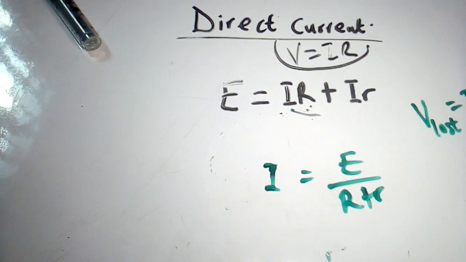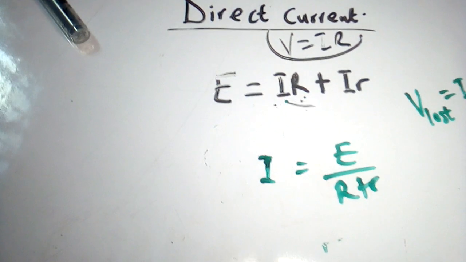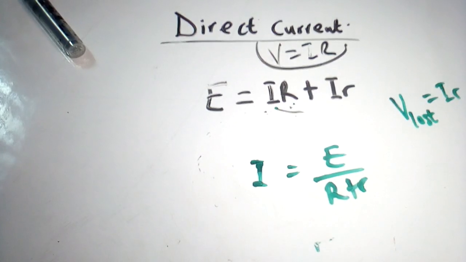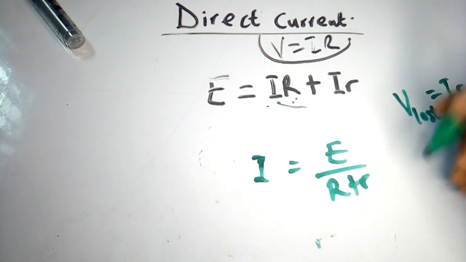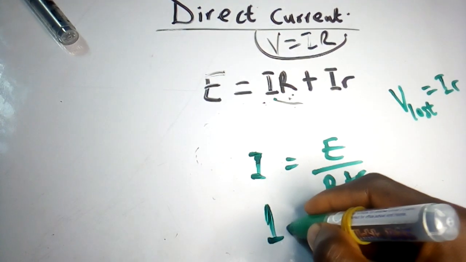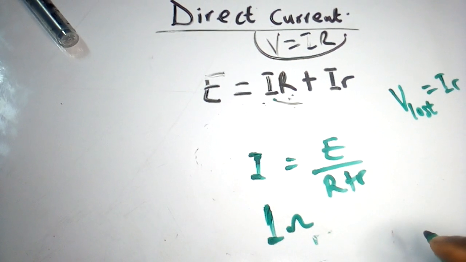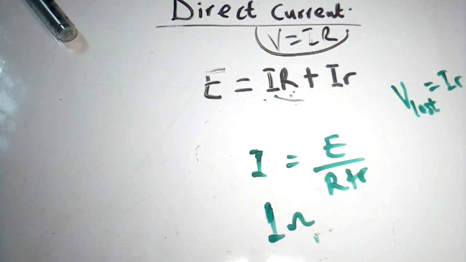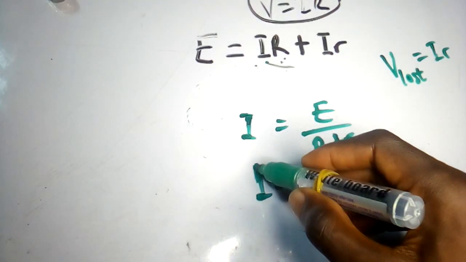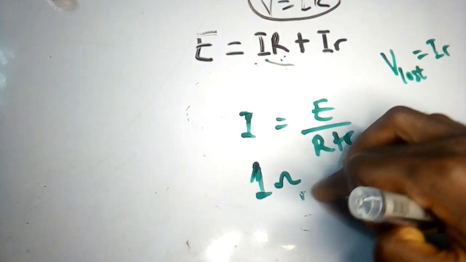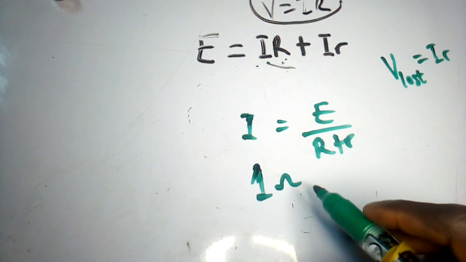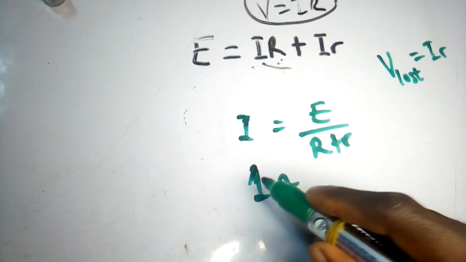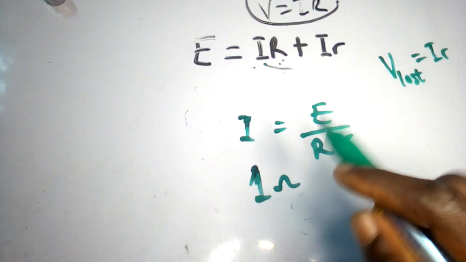Now, apart from this, we need to talk about the arrangement of resistors. So how do resistors arrange? Take for instance, I'm in a lab and I need a 1 ohm resistor, but I couldn't find it, so I just have to arrange multiples of other resistors in such a way that I get it. If I only have 2 ohm resistors, I would have to use a way to arrange the 2 ohm resistors to give me the 1 ohm resistor.